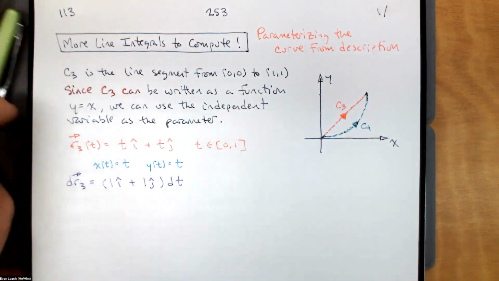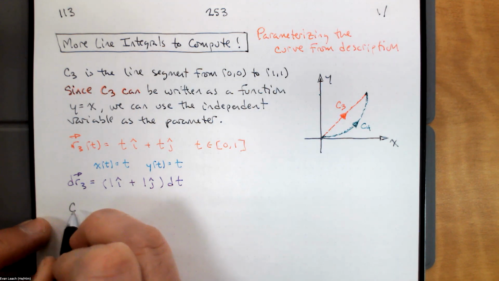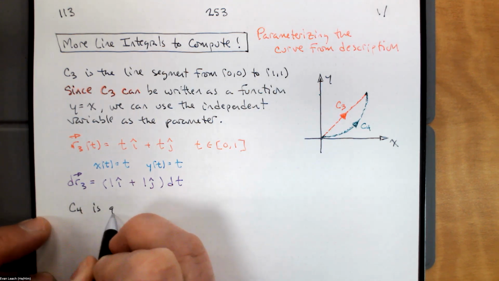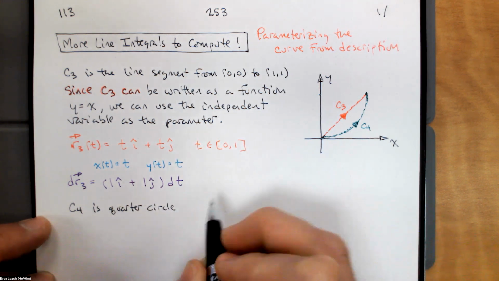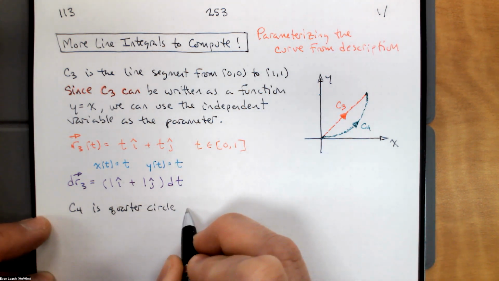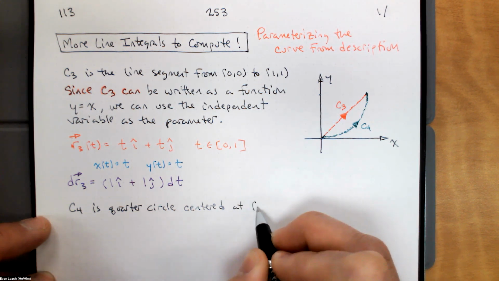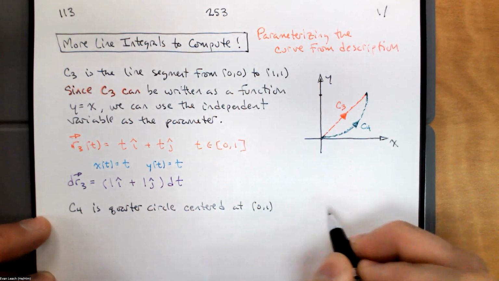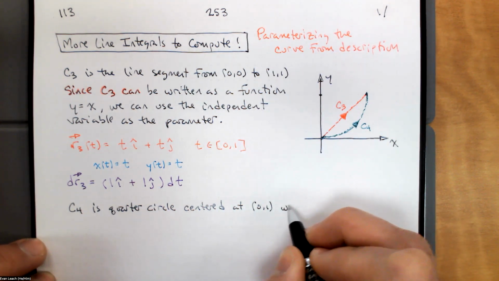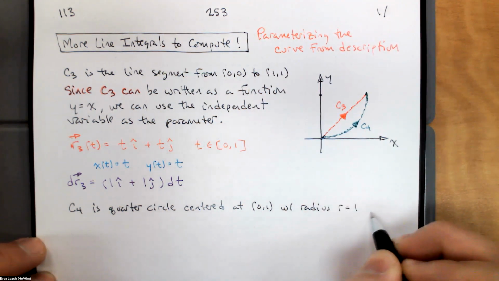C4 was part of a circle. The center of the circle was at 0, 1, and has a radius of 1.